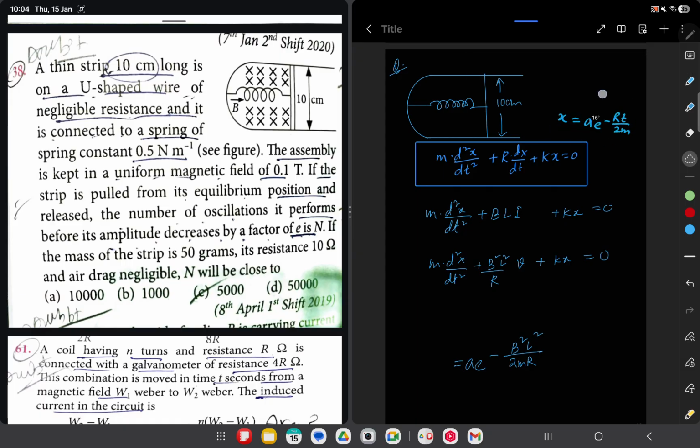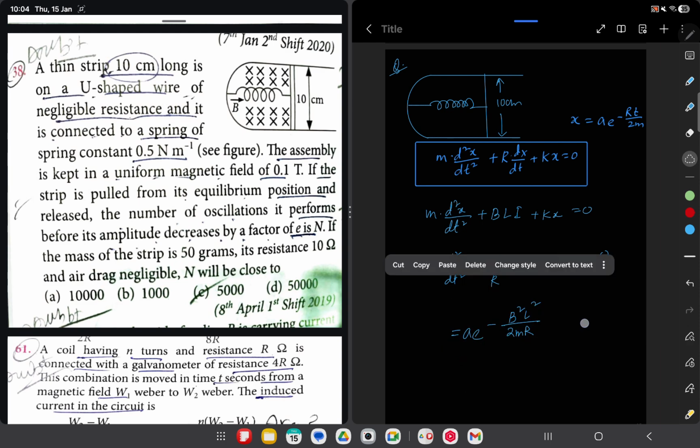So now if you write this one, m d2x by dt2 plus b il plus kx, where d2x by dt2 is b il, and I you can write as blv by r. So this is b square l square v by r plus kx.